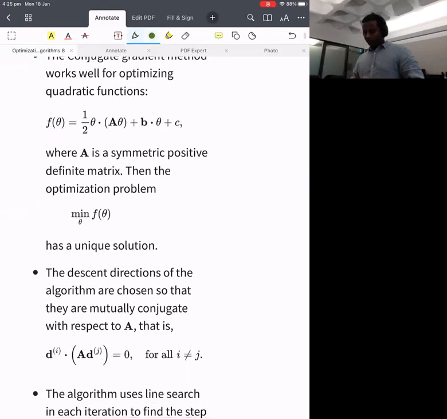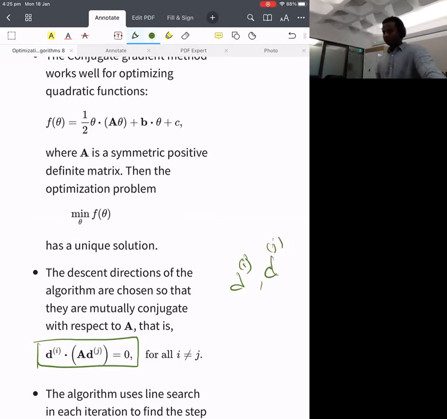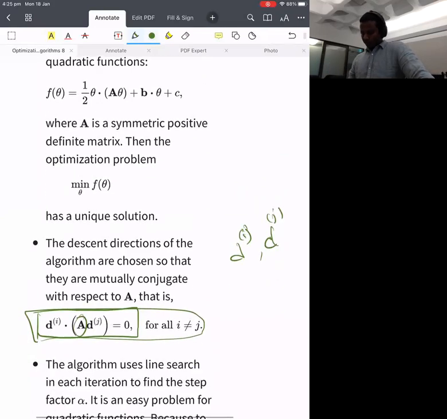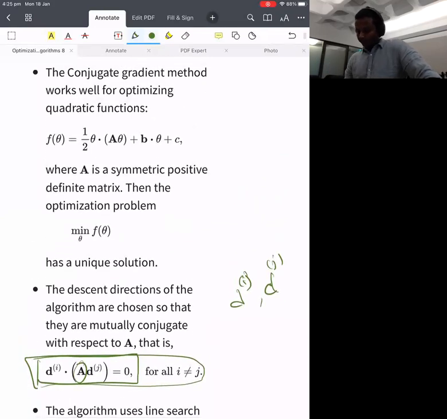Here we use the notion called conjugate directions in consecutive iterations with respect to matrix A. This is the condition for two vectors, dj and di, being conjugate to each other according to matrix A. A is supposed to be positive semi-definite, which is the case when you have a quadratic function.